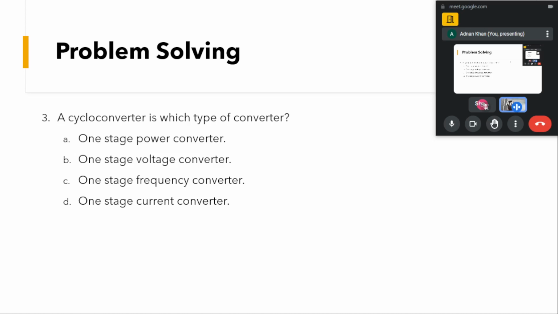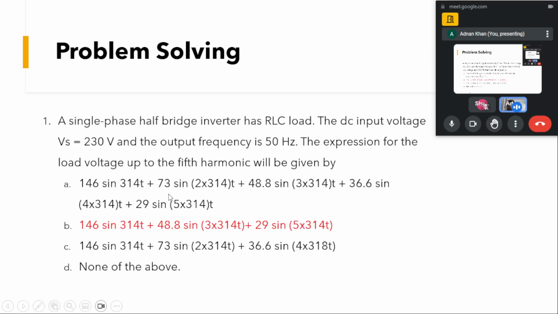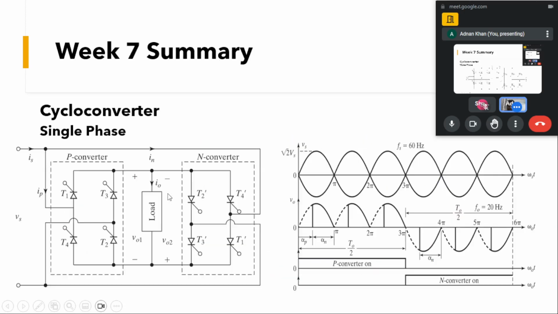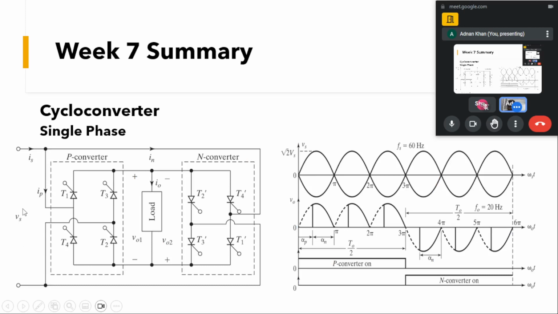And here it is saying one stage, as I had shown you, this is a single stage. Here we have an AC and it directly converts it to AC of some other frequency. Let us say here it was 60 Hertz and at the output we got an AC of 20 Hertz, one third. And we had only one stage, a direct AC to AC conversion.